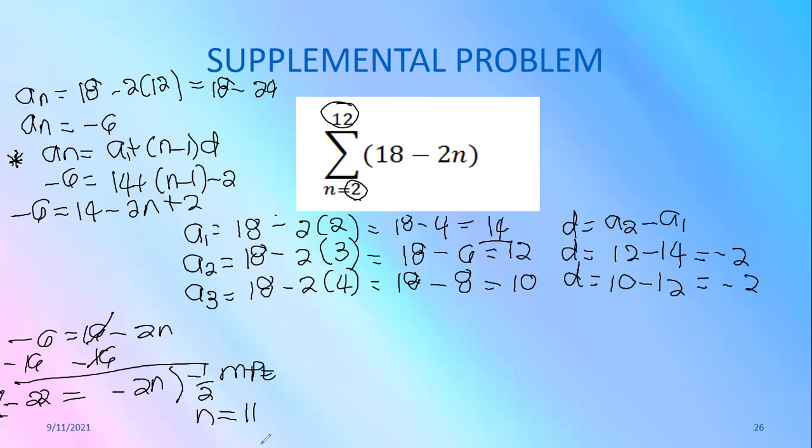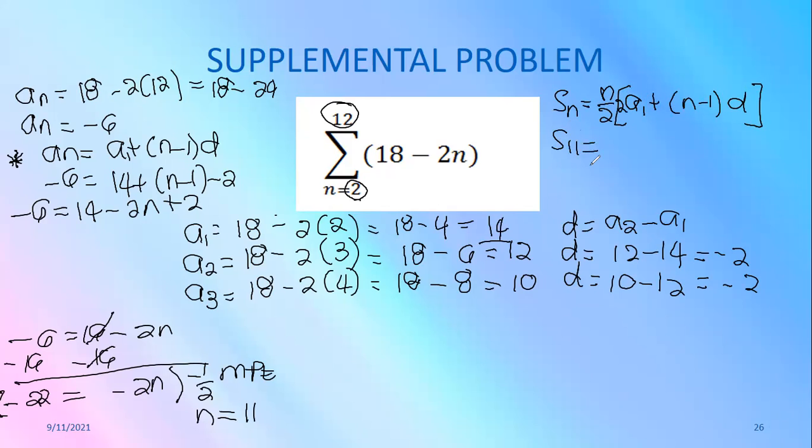So kukunin na natin ng sum. So yung formula na gagamitin natin is sum of n. So n over 2 multiplied by 2a sub 1 plus n minus 1 multiplied by a common difference. Okay, so sum of 11 terms.